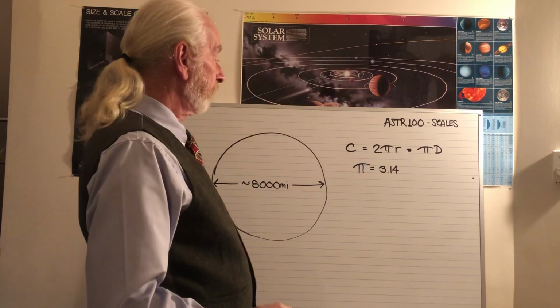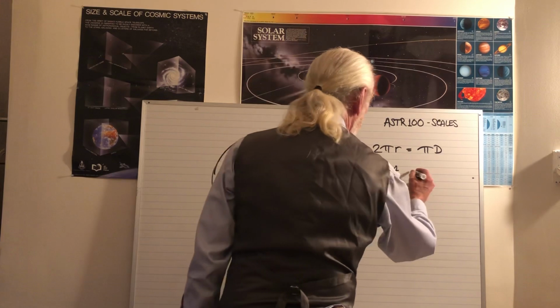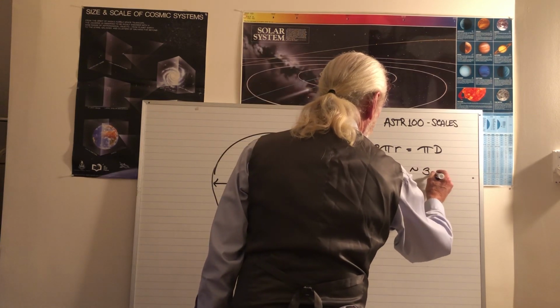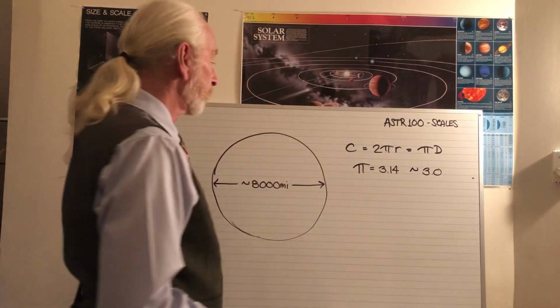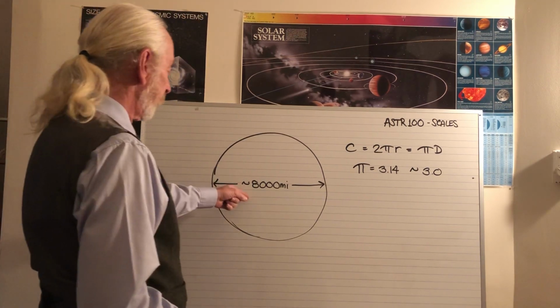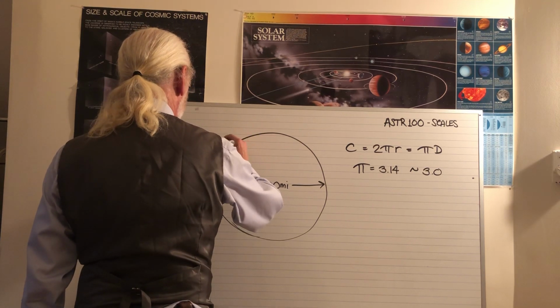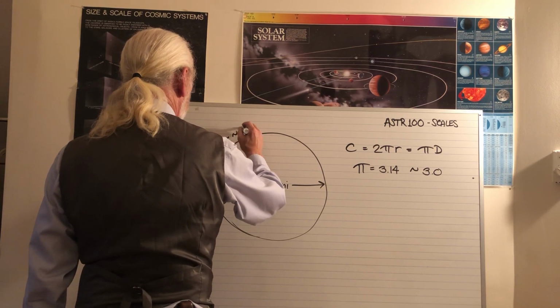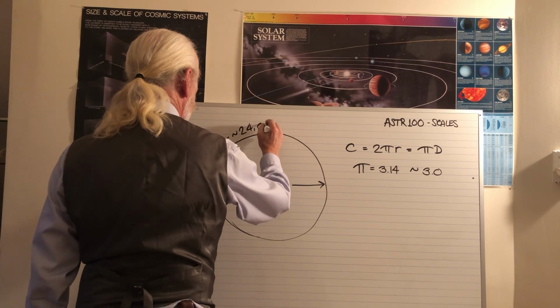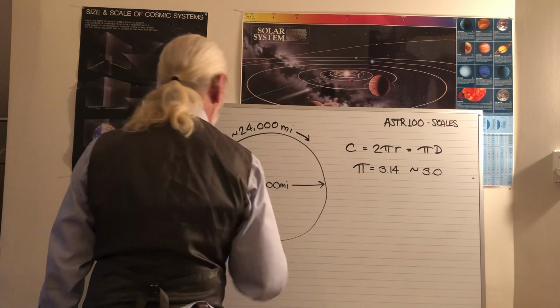So how do you round 3.14? Well, we're going to round the bejesus out of it. We're going to say roughly 3, just to get a rough idea. So, what would be the rough circumference of planet Earth? Well, 8,000 times 3. The circumference would be roughly 24,000 miles, give or take.